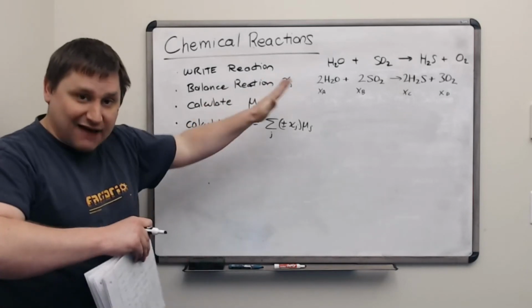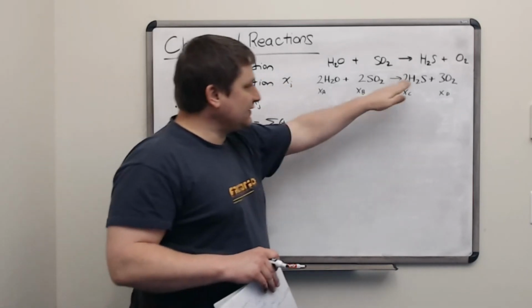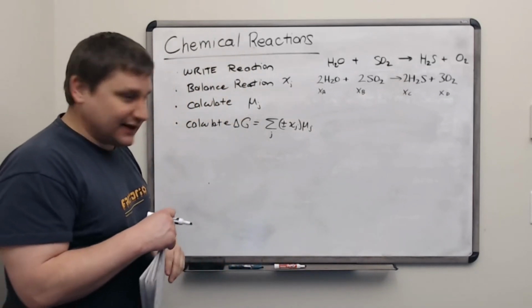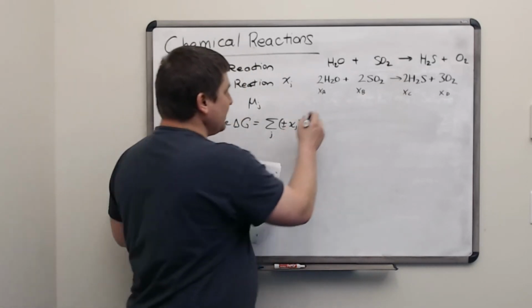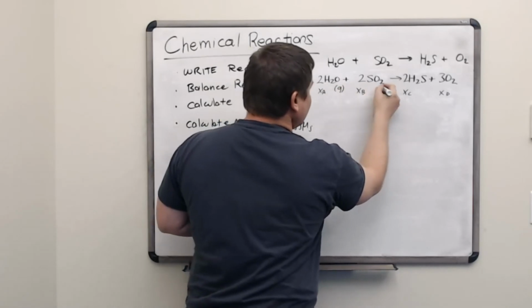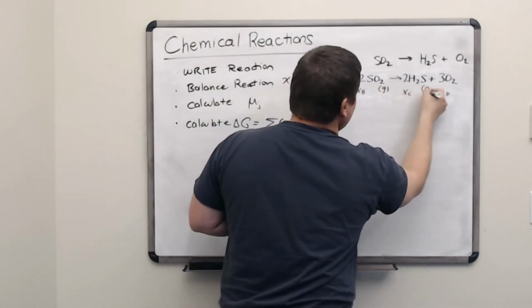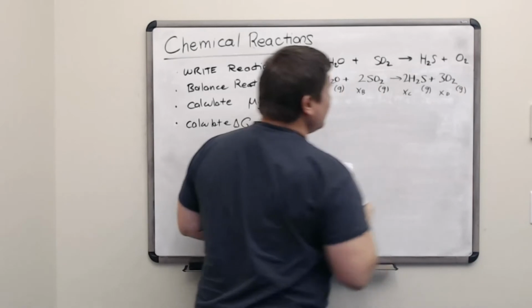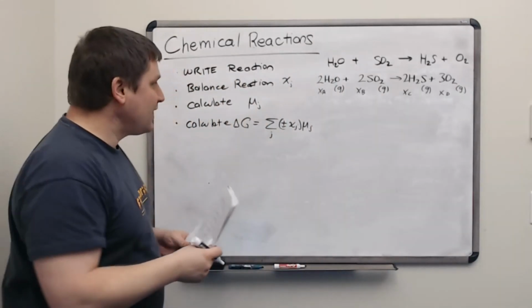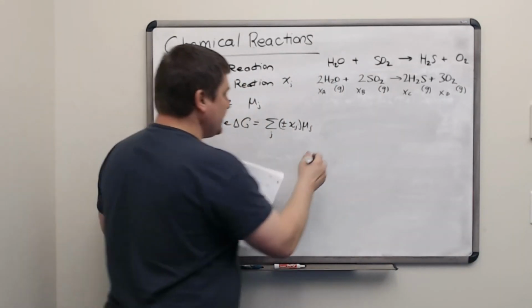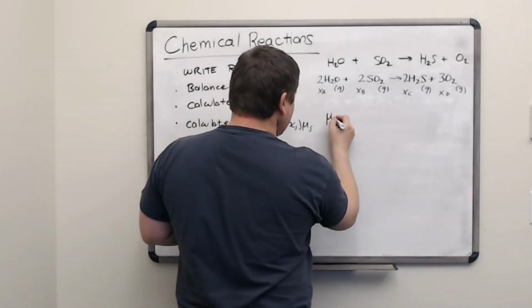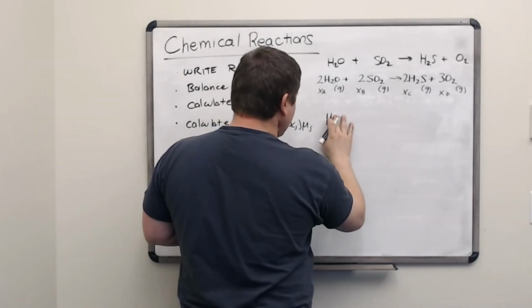That doesn't have to be done this way, but it has a certain simplicity to it because everything depends then on pressure. So if we put these as subscript G in parentheses, that indicates that they're all to be considered in the gas phase. And then our chemical potential for each one will be given by the formula for the gas.